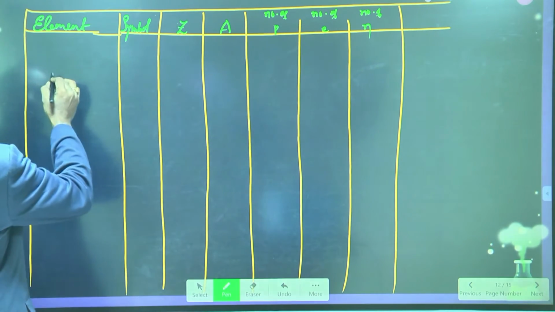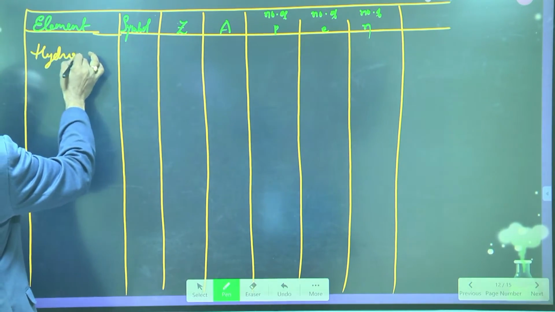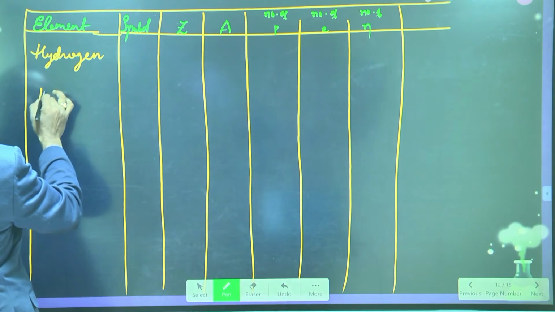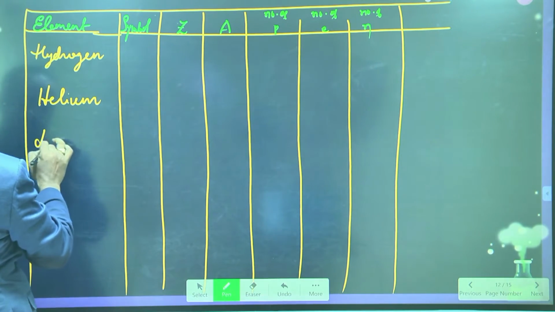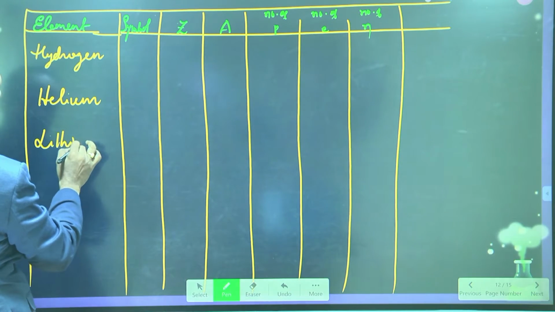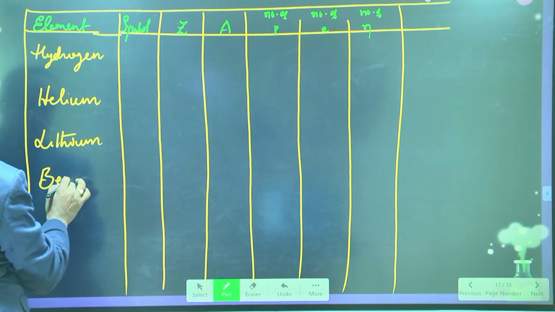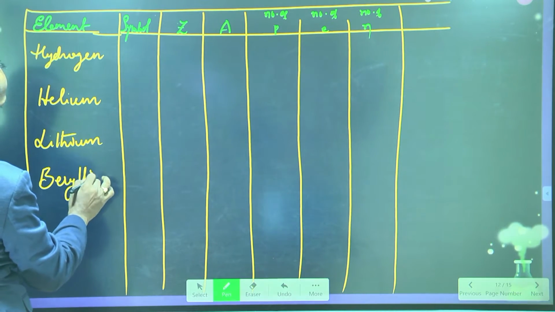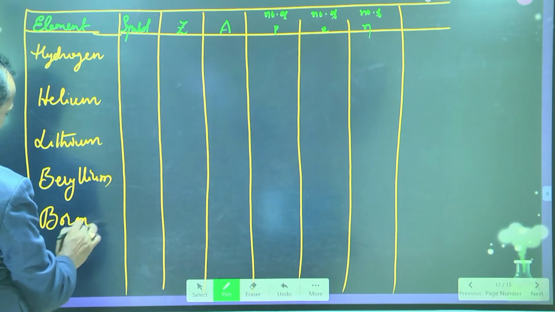First I'll write a few elements here. First hydrogen, next helium, lithium, beryllium, boron, carbon.